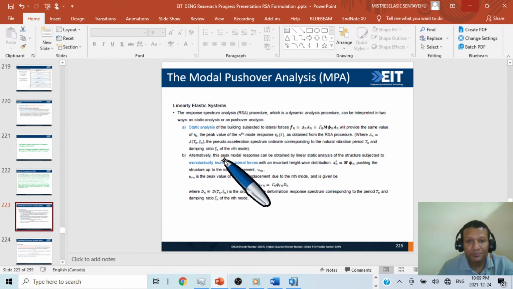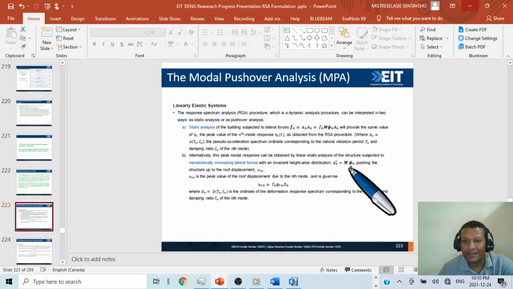Alternatively, this peak modal response can be obtained by linear static analysis of the structure subjected to monotonically increasing lateral force, with an invariant height-wise distribution of Sn.